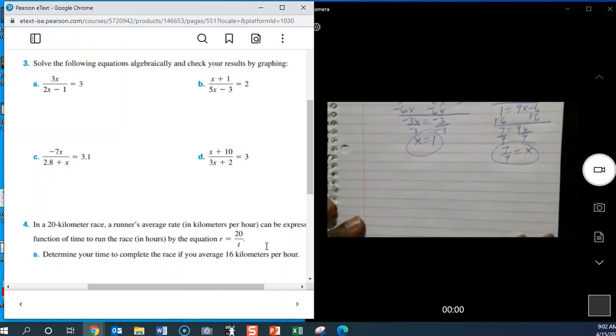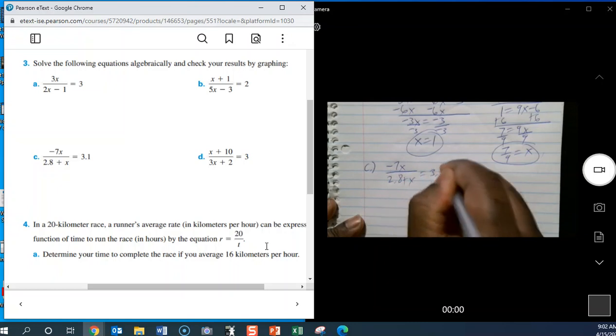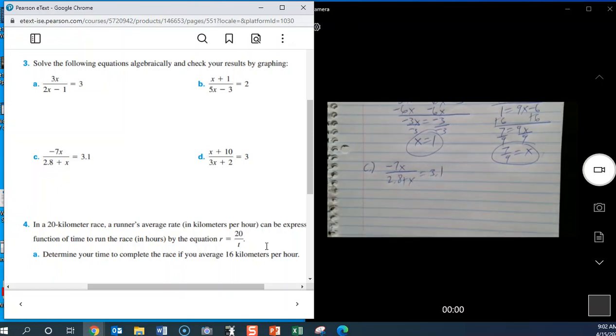Now we move on to C. We have negative 7x divided by 2.8 plus x is equal to 3.1. In this problem, we basically do it the same as we did all of the other problems. We'll multiply by that denominator, so we multiply the whole equation by 2.8 plus x.